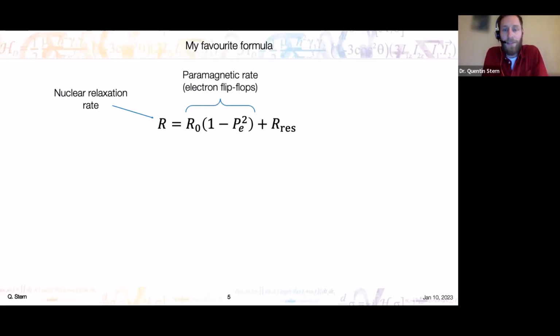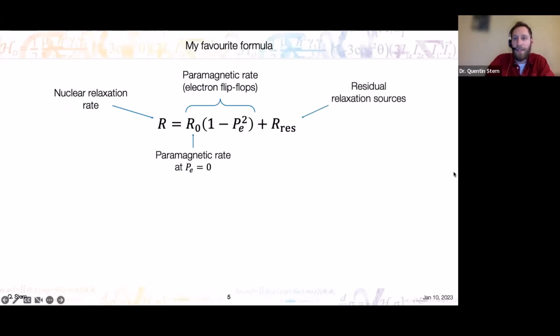So when you have an electron undergoing flip-flop and the nucleus experiences this, you have a relaxation rate which depends on the polarization of the electron, P_E. And R0 being the rate that you would observe if the polarization was near zero. And then we can also add a residual source.